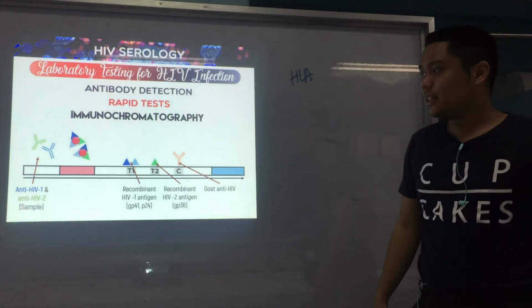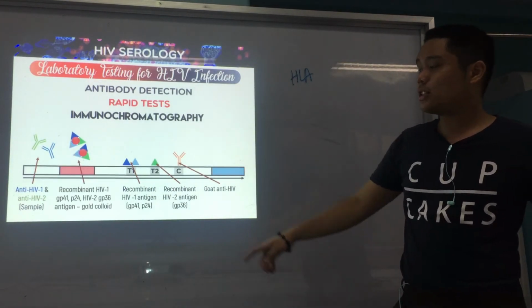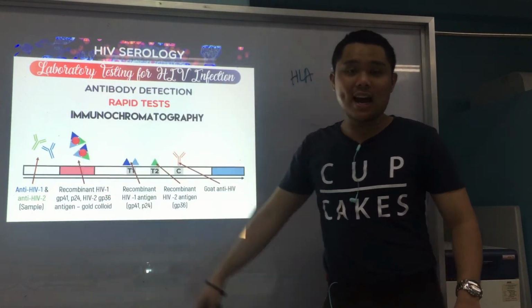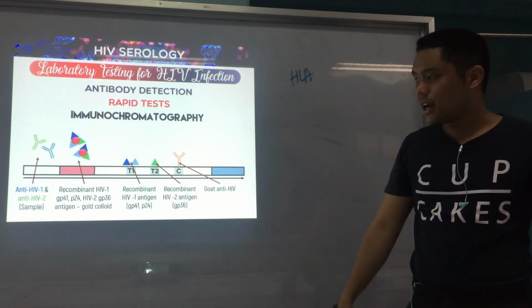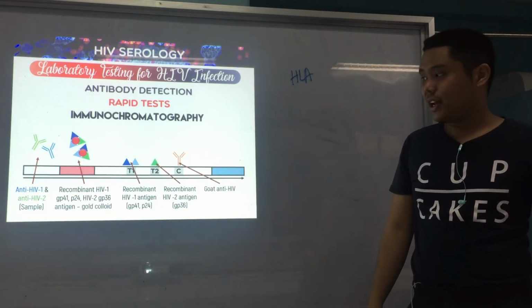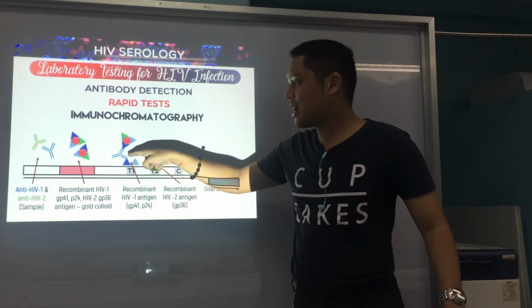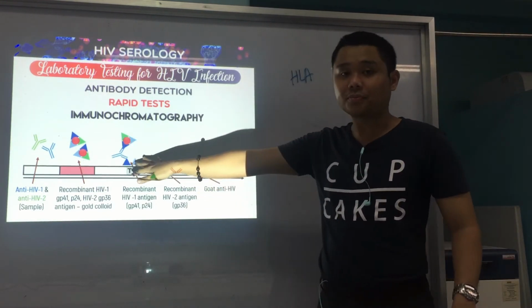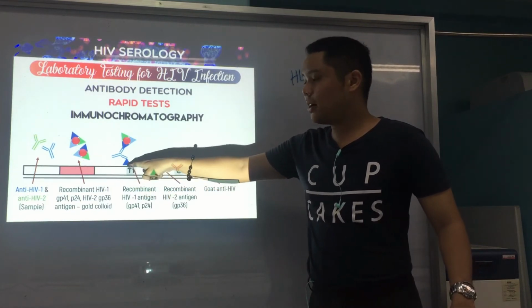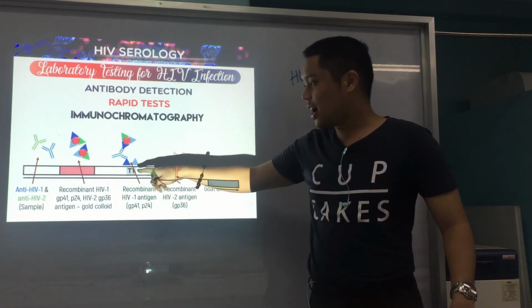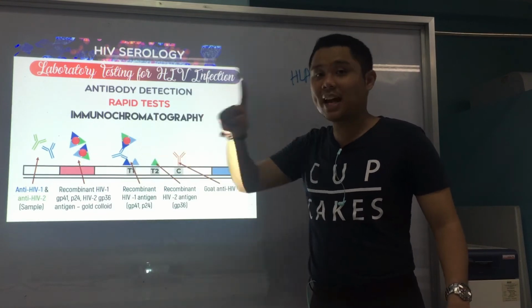Okay? So, it will now attach to the specific antigens that are its reactant, which are your HIV-1 or HIV-2 antigens. So, they will react. Since there are still free binding sites on the HIV-1 antibody, it will be caught by your antigens in test line 1.